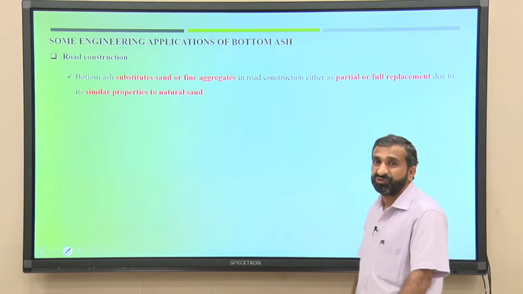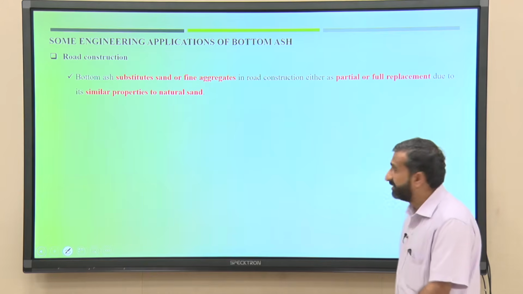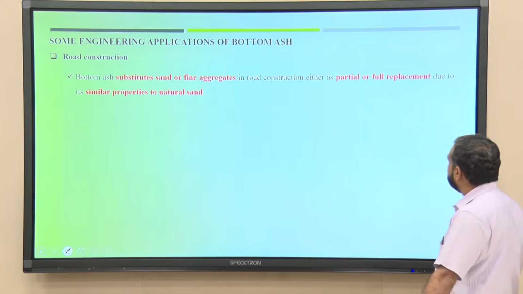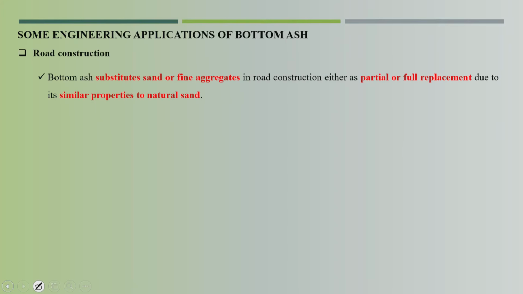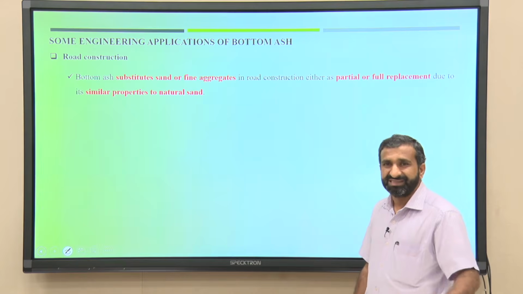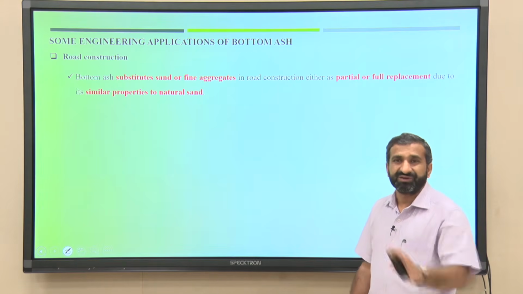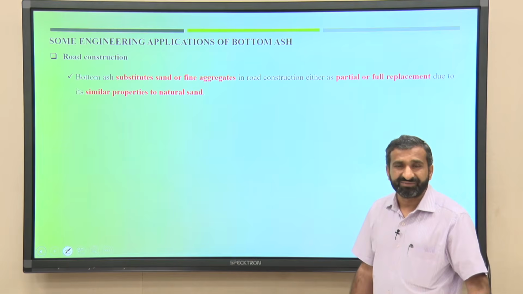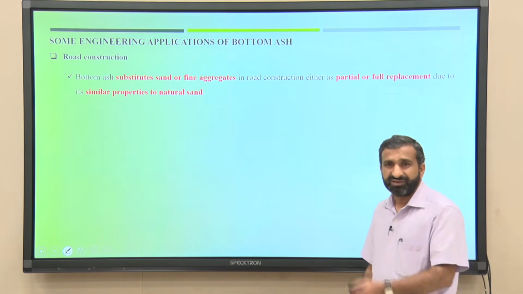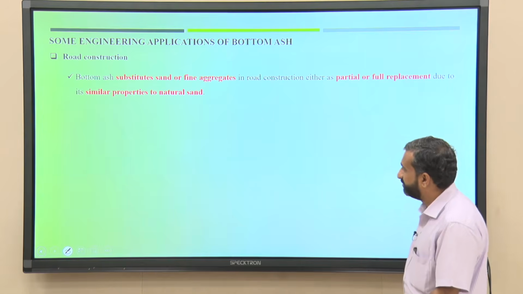So this bottom ash could substitute this material, either as partial or full replacement, due to its similar property to natural sand. Again and again I am saying, do the leaching experiments or TCLP experiments. If you do not find a large amount of leaching from that particular material, it could be utilized for these kinds of purposes.